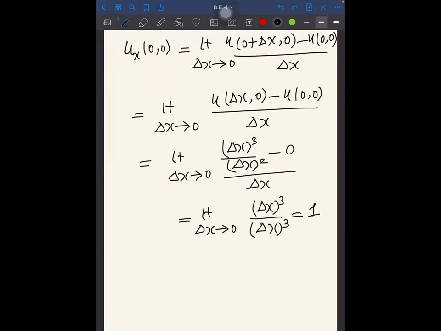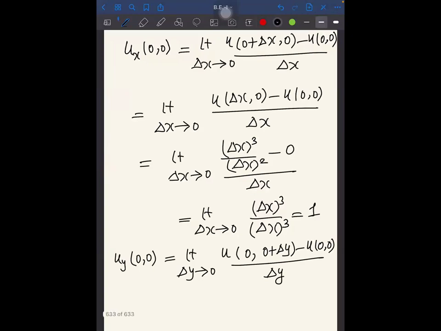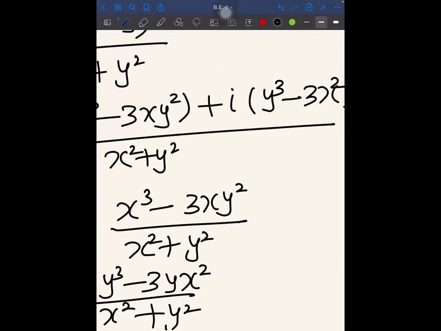Now you want to compute uy as well. So uy at (0, 0): limit delta y goes to 0 of u(0 plus delta y) minus u(0, 0) upon delta y. Now x is not incremented, we keep x 0 and come up with y only.